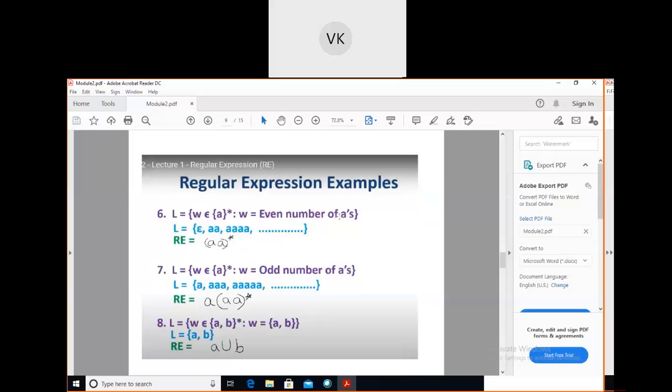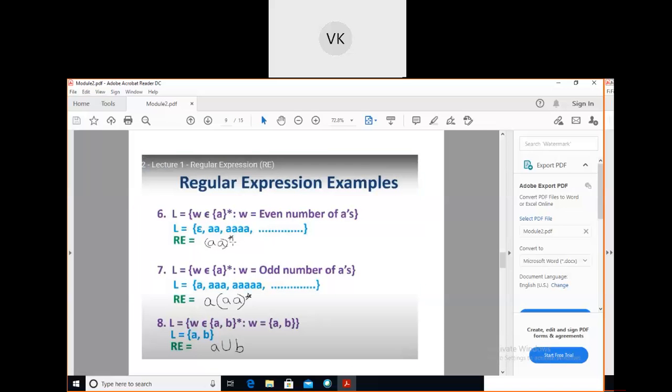For this one we need to write the regular expression symbolically. You see here I have written the regular expression as (AA) whole raised to star. I told you what star means: zero or any number of times occurrence of the particular character.